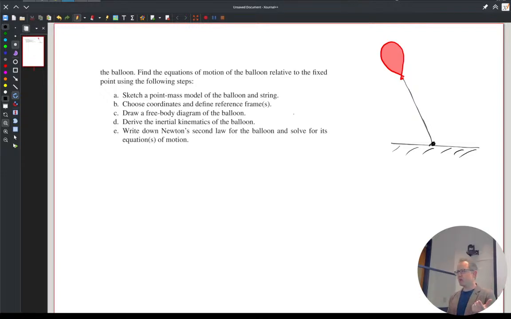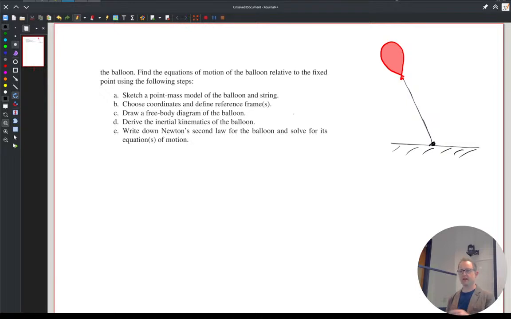But what kind of questions would you answer with a point mass for the balloon rather than considering it as a rigid body? What do you lose or what do you gain? Point mass helps you ignore the mass of the string, maybe.